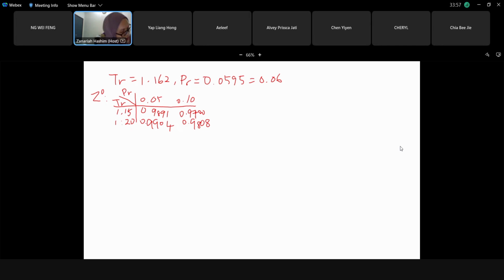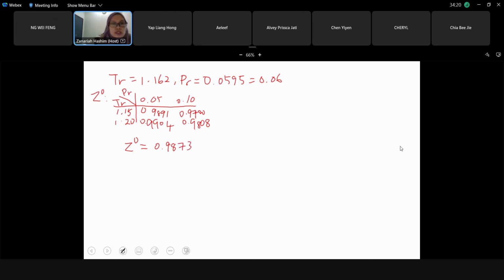Okay, so in this case, after calculation, I get the Z naught. Mana saya punya Z naught? Okay, yeah. So I get the Z naught after interpolation equals 0.9873.